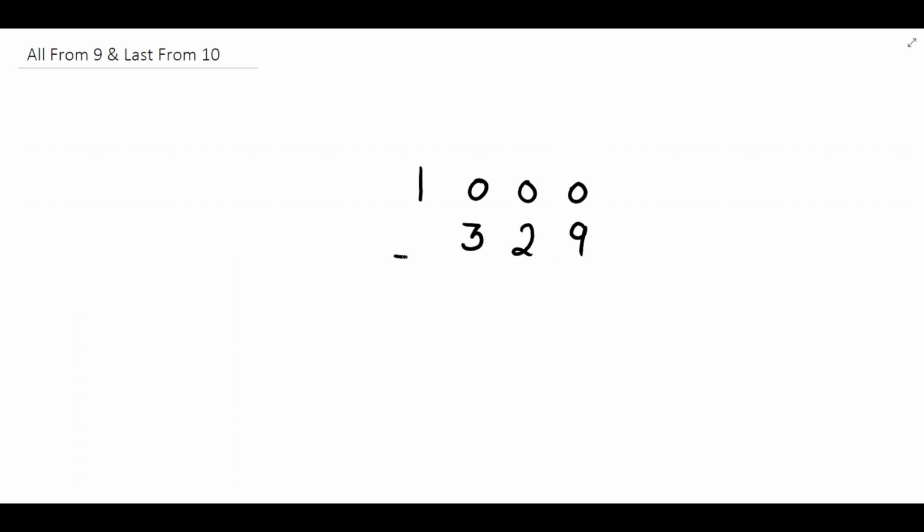As the name suggests, we will be doing all the digits from 9, meaning except this one, all the zeros will be converted to a 9, and the last, meaning the units, will be a 10.